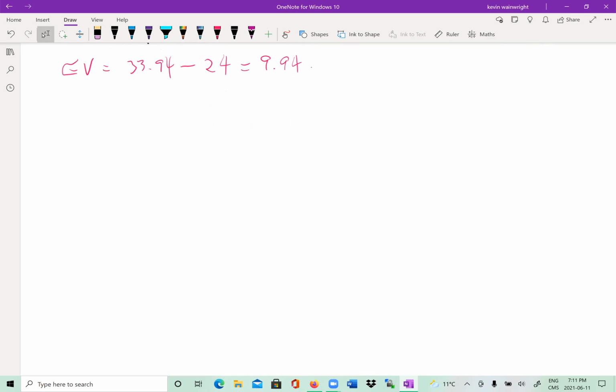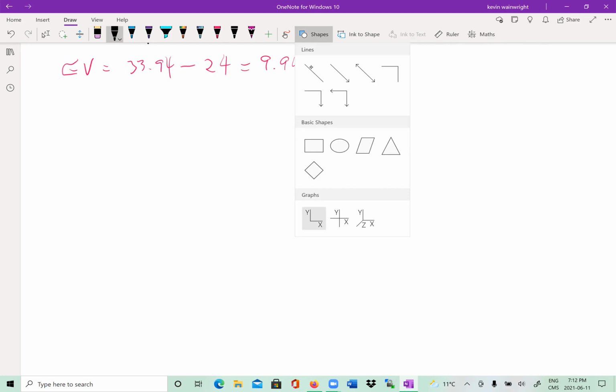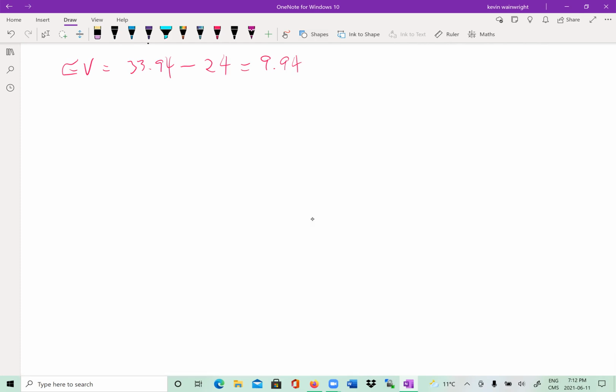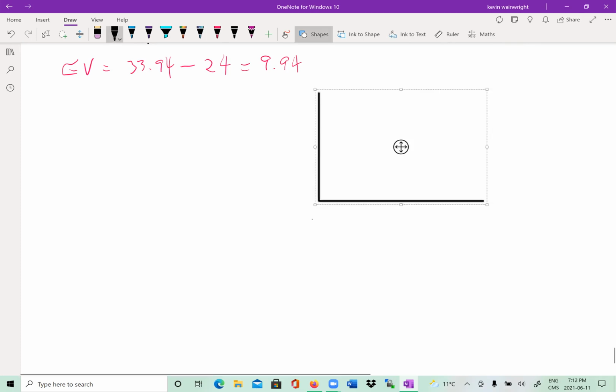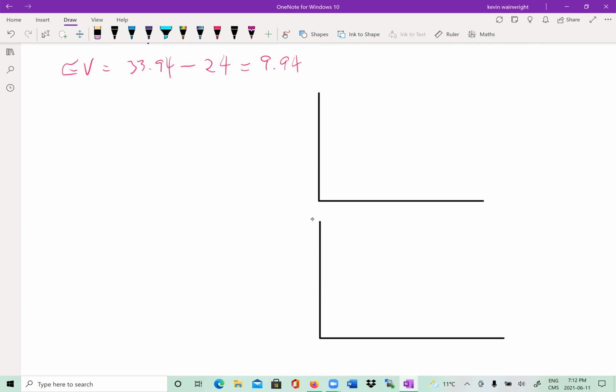Now, last thing, is I am going to put two graphs, one under the other, to put this story finally together.